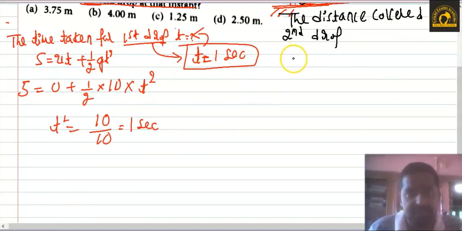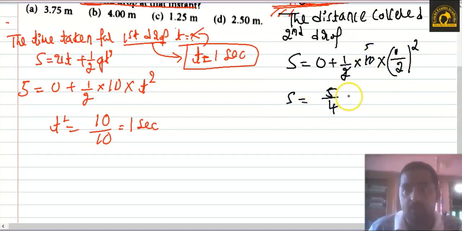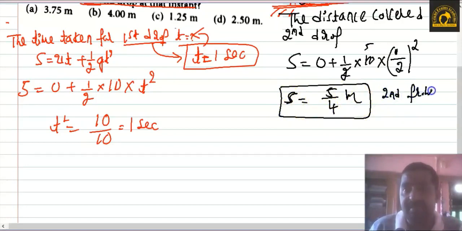S is equal to the initial velocity 0 plus half into g, which is 10, into T square, where T square is 1 by 2 whole square. So the distance is equal to 5 by 4 meter. That is the distance of the second drop from the tap.